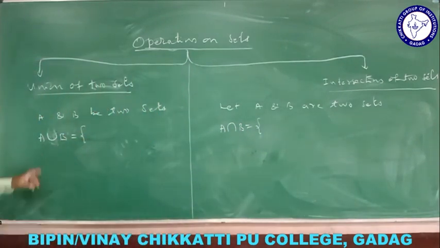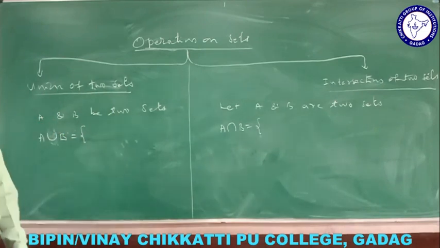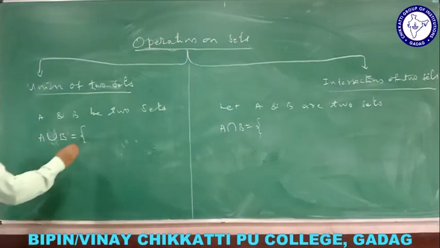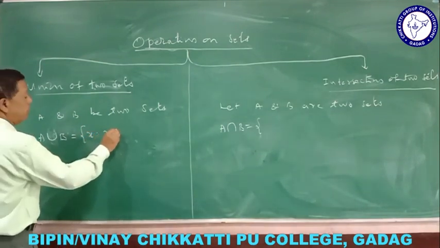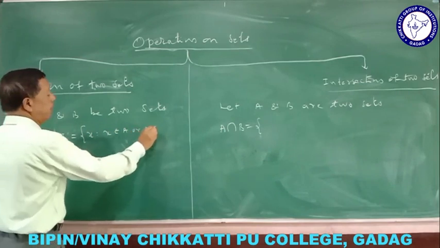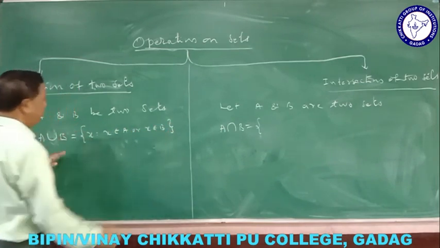So the union of A and B is a set whose elements are in A or in B: X such that X belongs to A or X belongs to B. This is the definition of union.